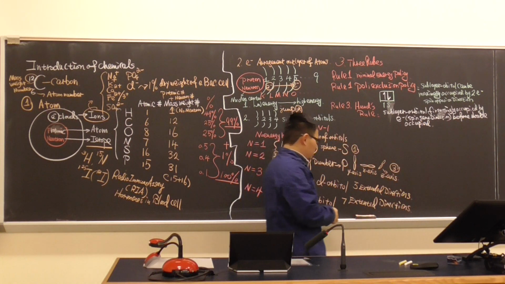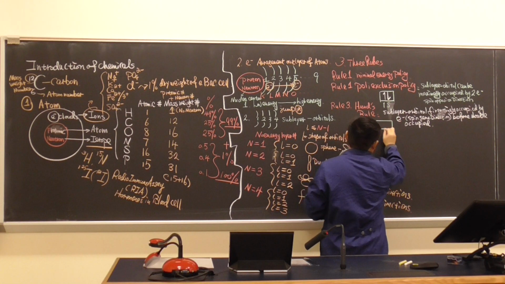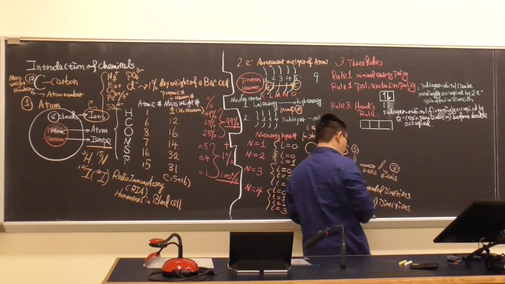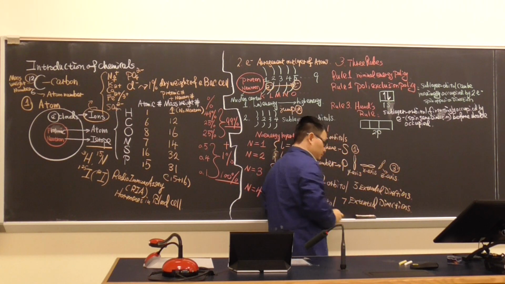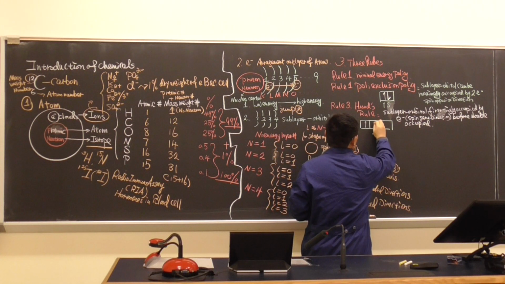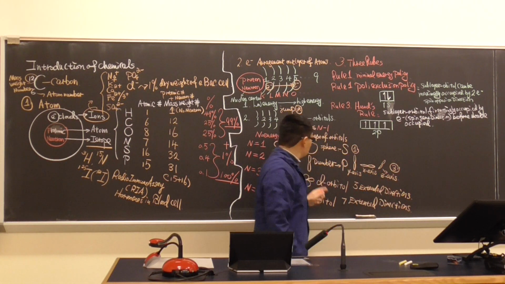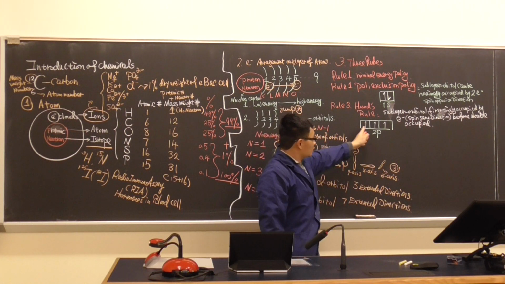So what that means, give me an example. This is 2p, for example. 2p layer. How do they do it? They first occupy all these. 2p layer has 3 orbitals. Electrons go there first.